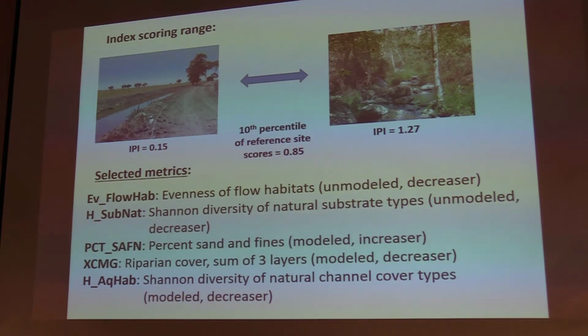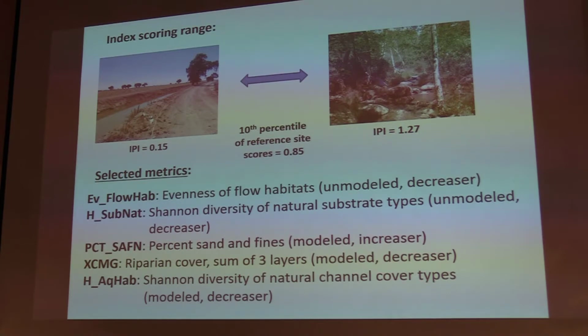So sand and fines was predominantly an increaser, at least in the sites we had in our development set. And when we did try to score it as a bidirectional metric, it showed really strong bias among PSA ecoregions, which is weird, but we ended up treating it as an increaser.